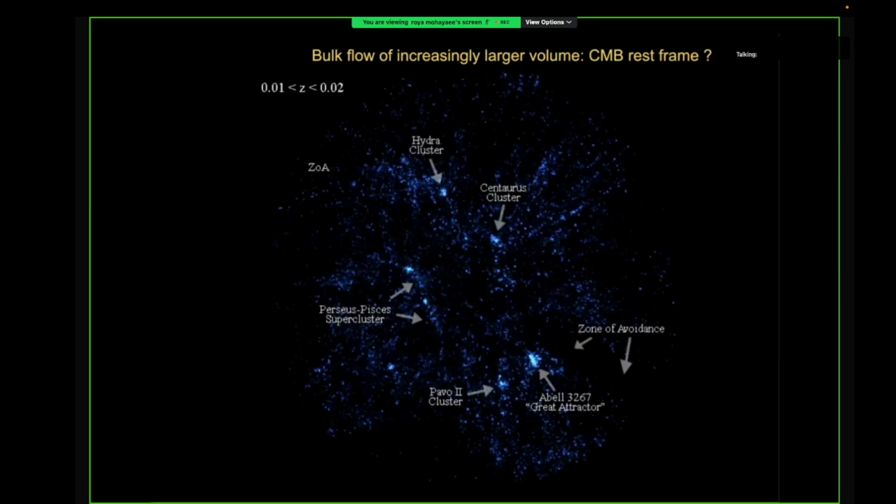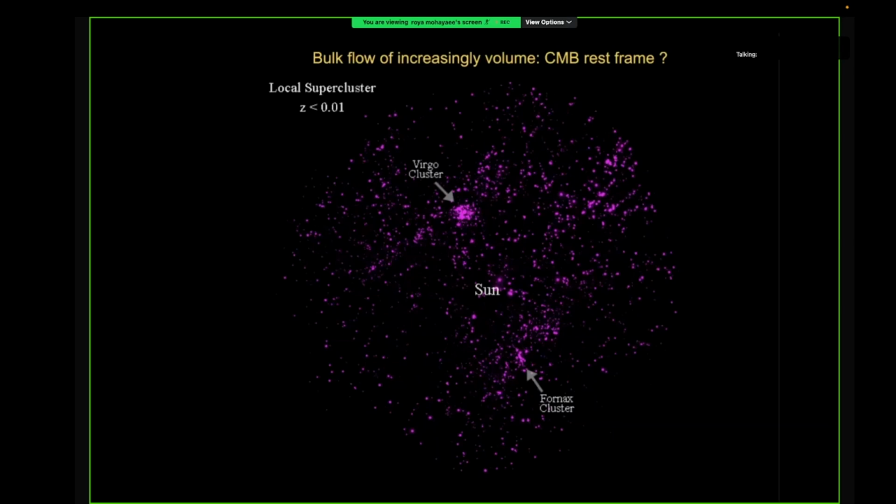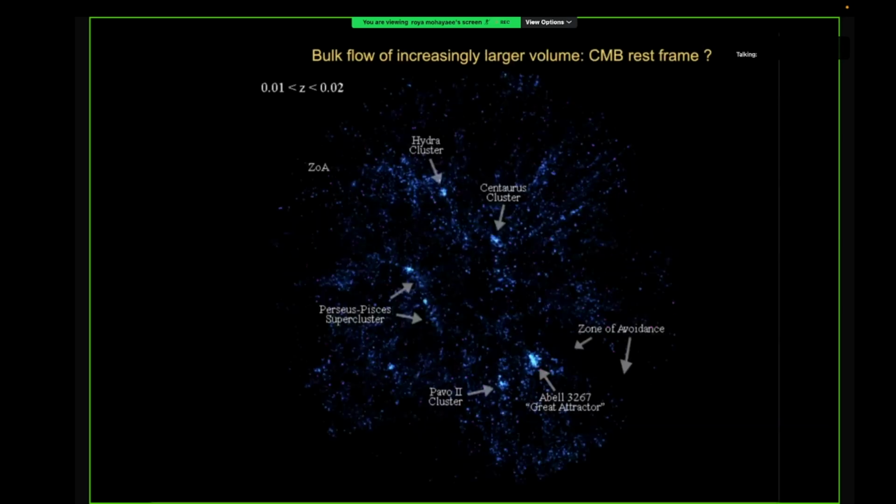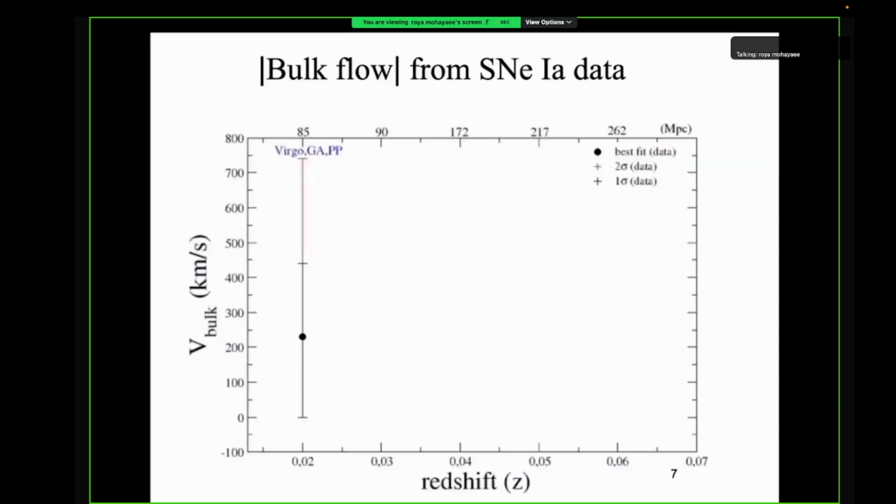Here are different cuts. You see, first I have Virgo. This is what Dennis Sciama thought was the origin of the CMB dipole. I have now the great attractor. This is what Tammann and Sandage thought was the origin of the CMB dipole. And then I can go further away.